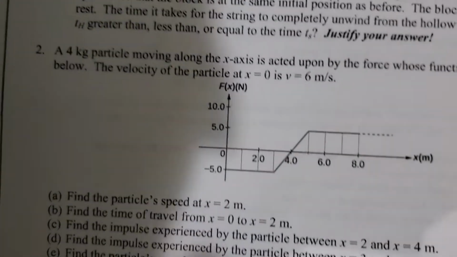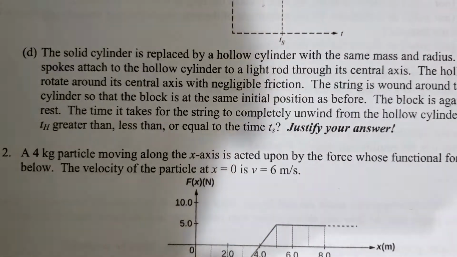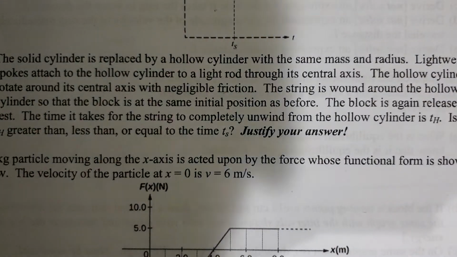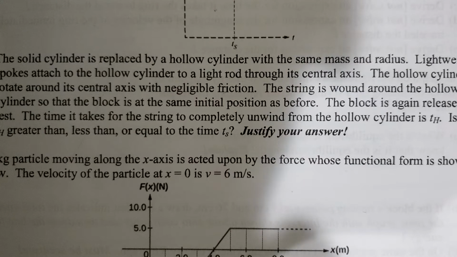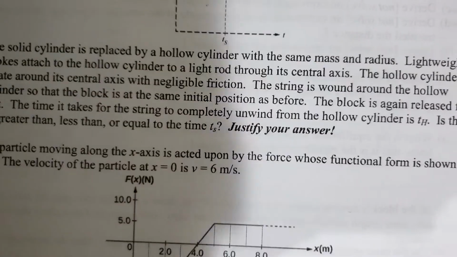Okay, part D, we are asked if the solid cylinder is replaced with a hollow cylinder, how would that affect the time when it completely unwinds? So is TH going to be greater, equal to, or less than TS?